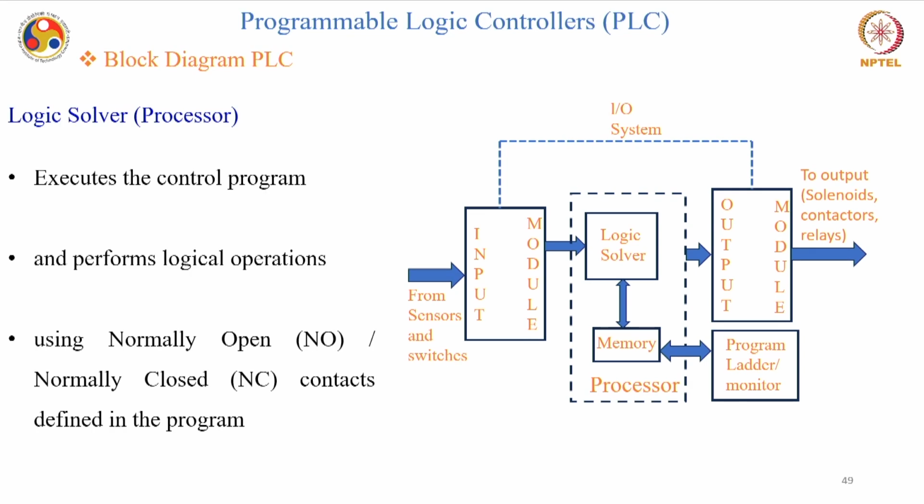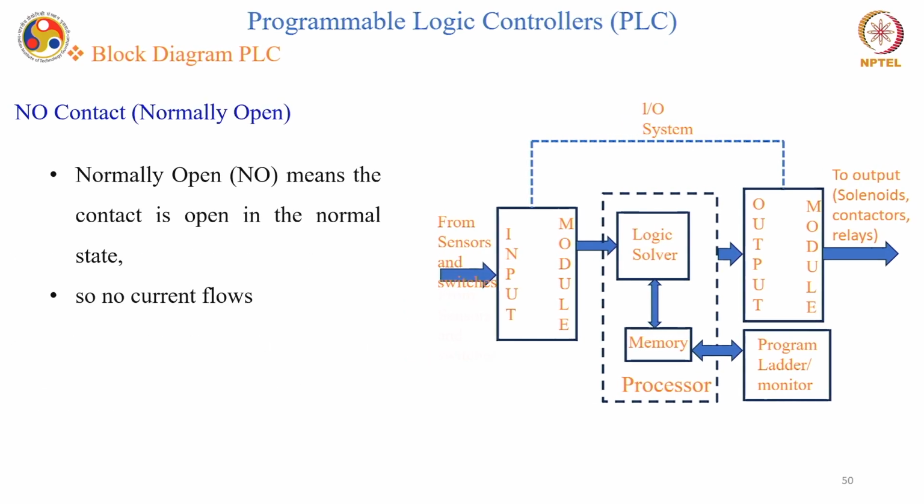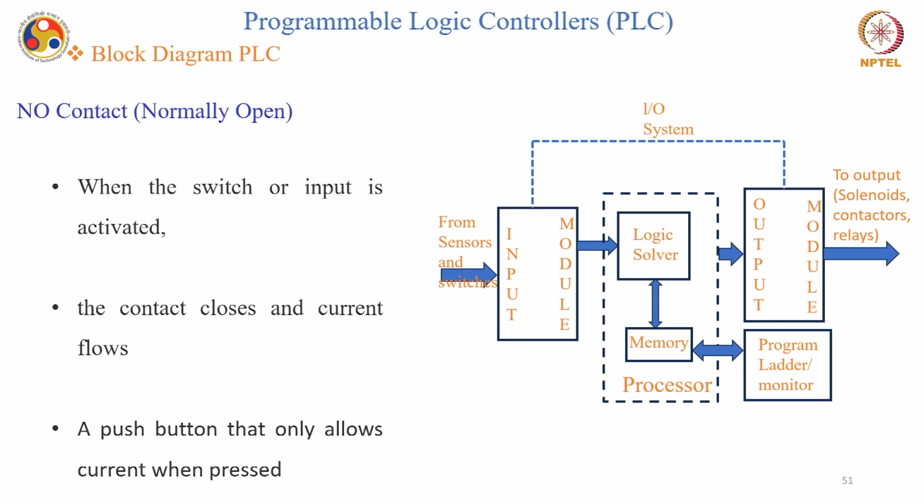Then we have a logic solver, which is also called the processor of this PLC. The processor is the place where control programs are executed and logical operations are performed. Usually contacts are normally open (NO) or they can be normally closed, depending on the program written into it. Normally open means the contact is open in the normal state, meaning no current is flowing.